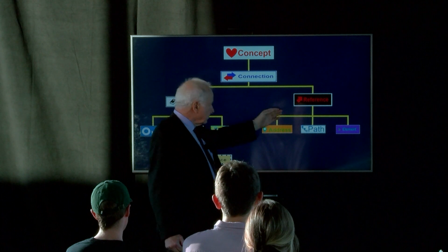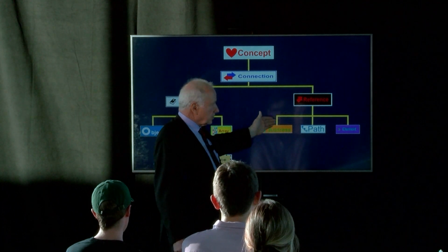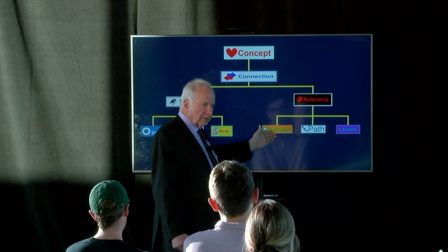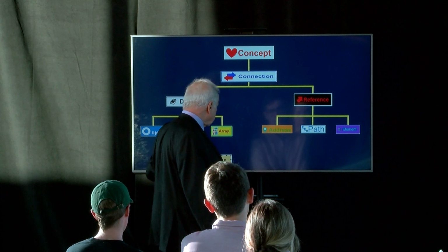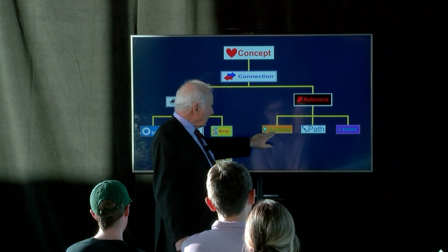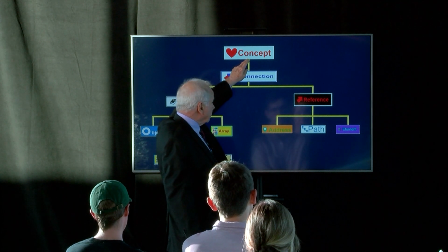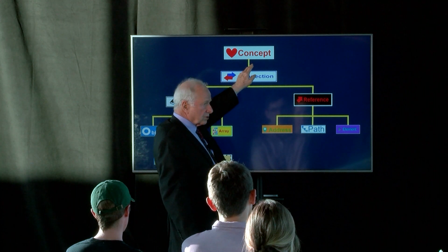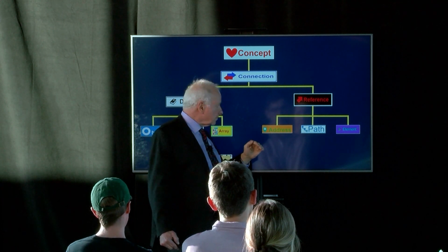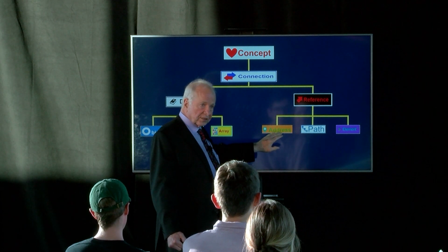And then over here, you have references, somewhat different character. These are definitions of objects, and these are references to them. You have the reference that starts at the concept of a concept and follows any one of the connections down. So you can address any place inside the system.